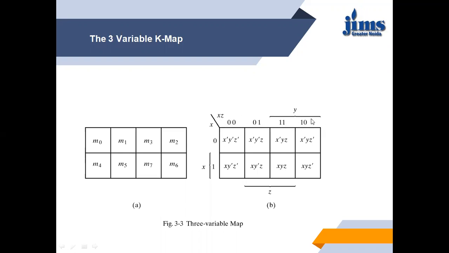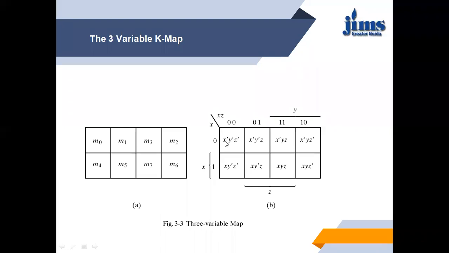Keep in mind the sequence will be the same. Moving in this particular column, 0 and 1. For this particular row, X is common 0. For this particular row, X is common 1. For this column, the value of Y and Z will be 0, 0. So when we come to the minterm, X is 0, Y is 0, and Z is 0.